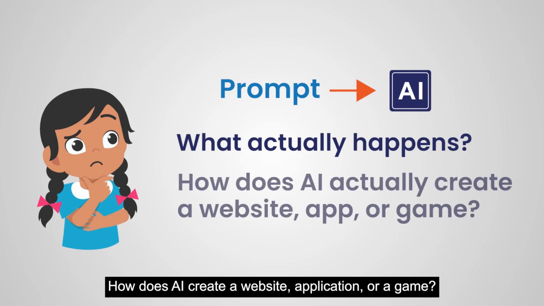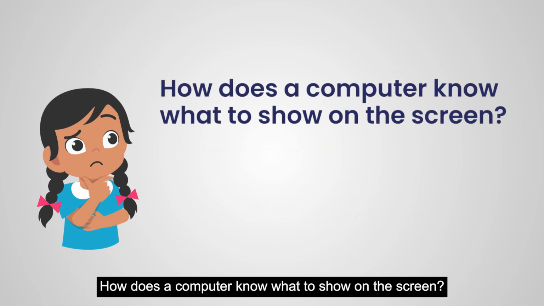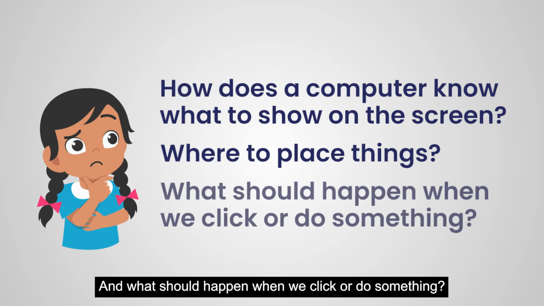How does AI create a website, application, or a game? How does a computer know what to show on the screen? Where to place things? And what should happen when we click or do something?